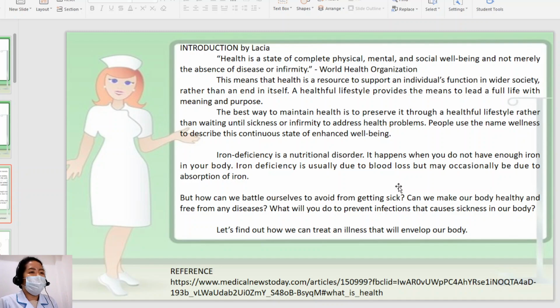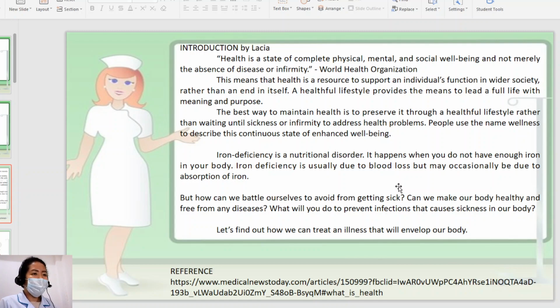A healthful lifestyle provides the means to lead a full life with meaning and purpose. The best way to maintain health is to preserve it through a healthful lifestyle rather than waiting until sickness or infirmity to address health problems. People use the name wellness to describe this continuous state of enhanced well-being.